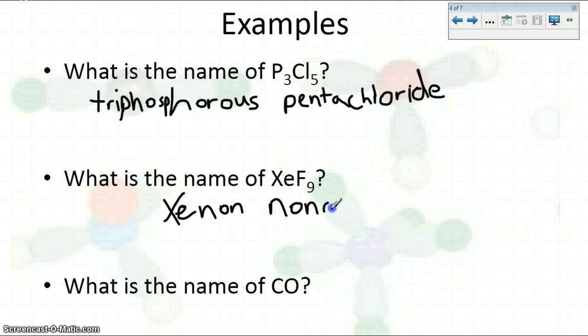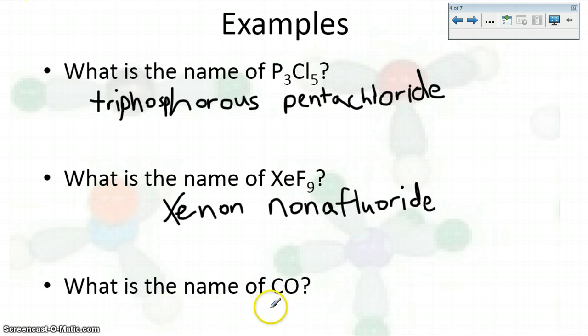And then F is fluorine. So we're going to write fluoride, so nonafluoride. Okay, so xenon nonafluoride.